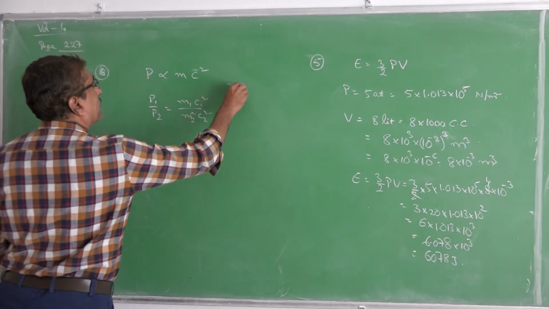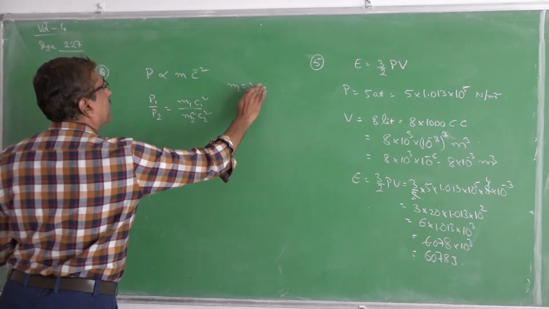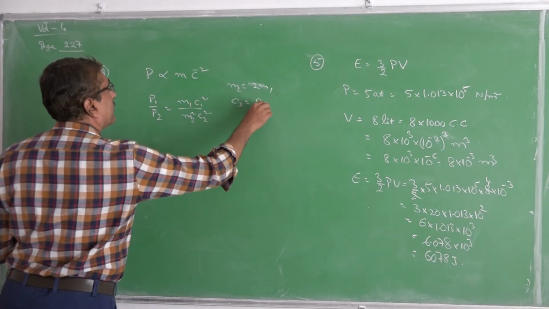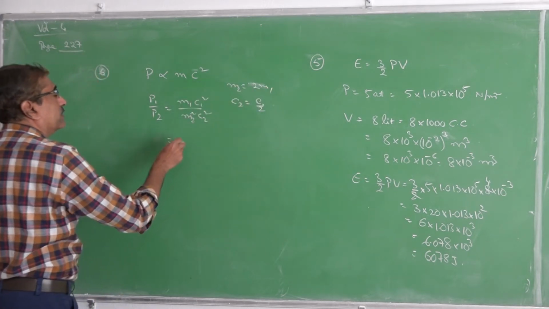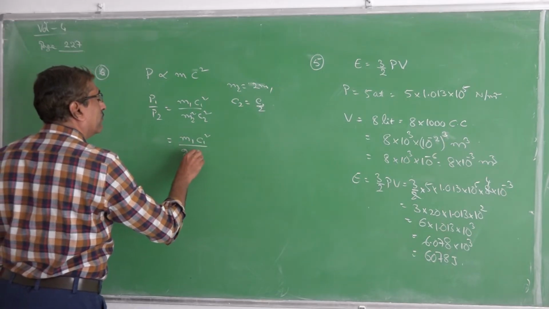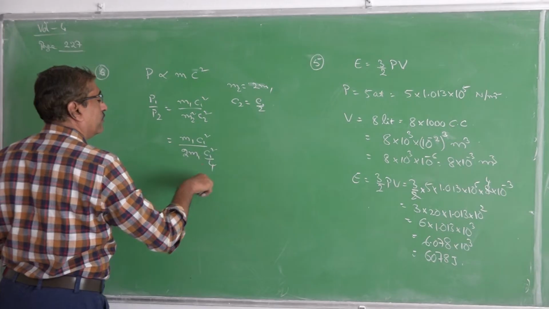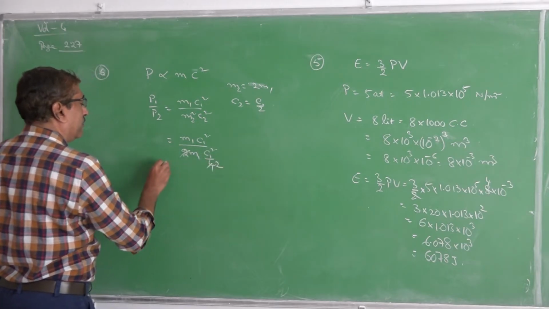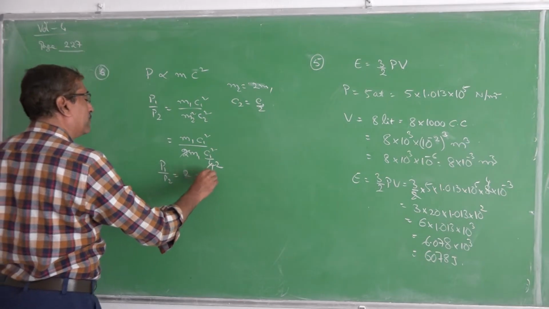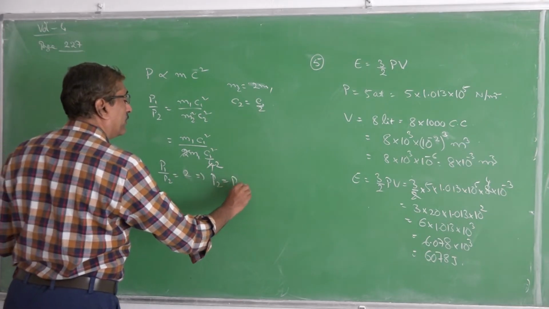Given m2 is 2m1 and c2 is c1 by 2. Writing these, m1 c1 square by 2m1 c1 square by 4, that is half. So P1 by P2 is equal to 2, which implies P2 is equal to P1 by 2.